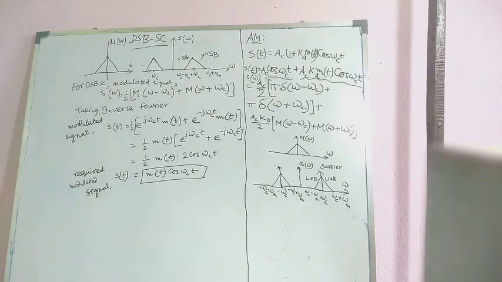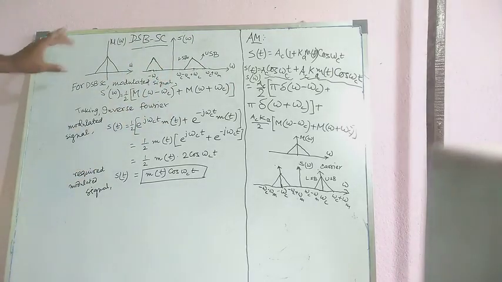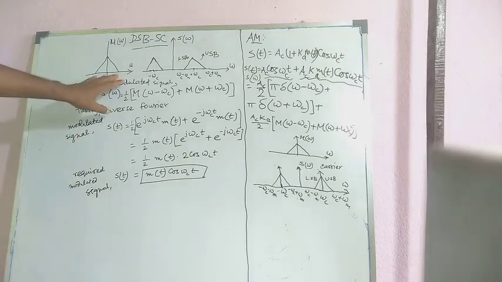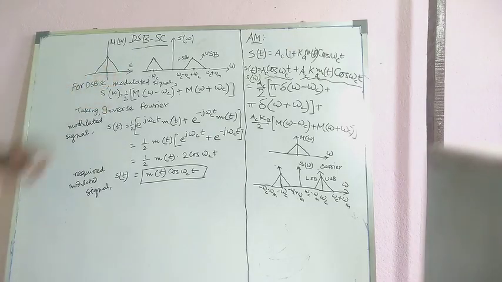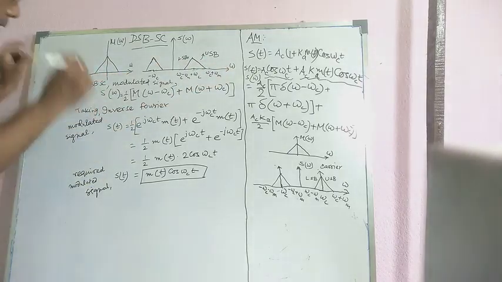Now, what we see: if this is my message signal, which is band limited to B hertz, or if you express it in terms of omega, it is say omega m.